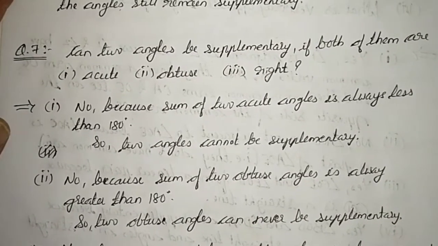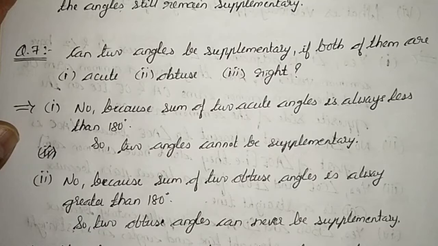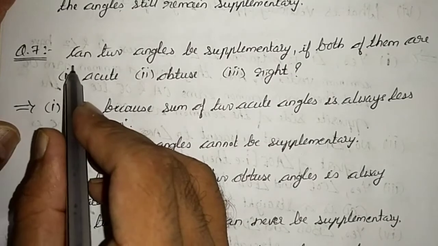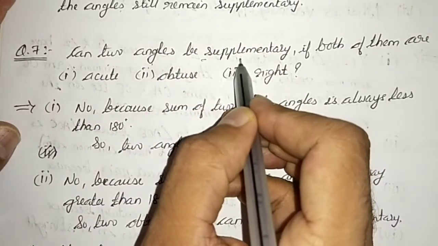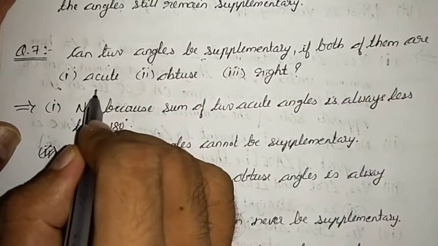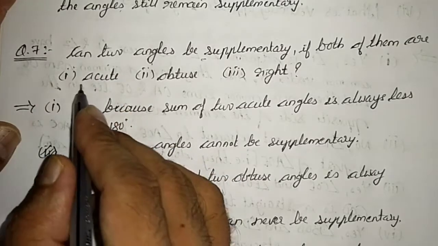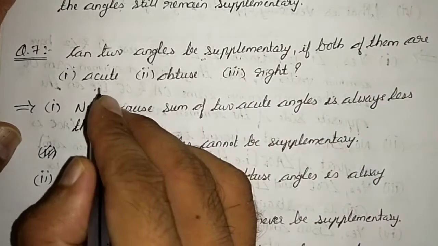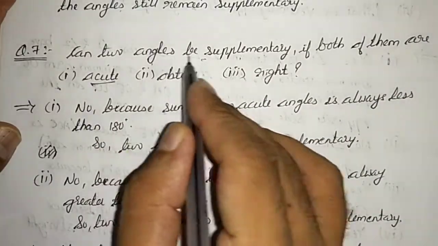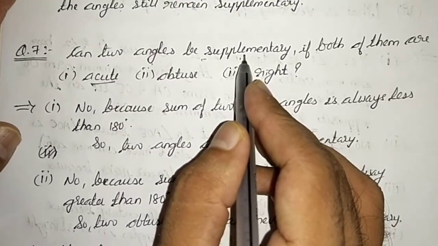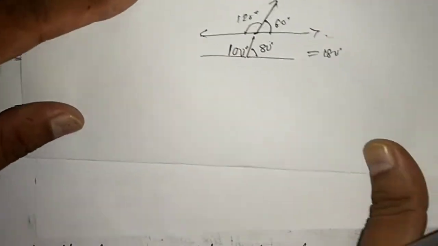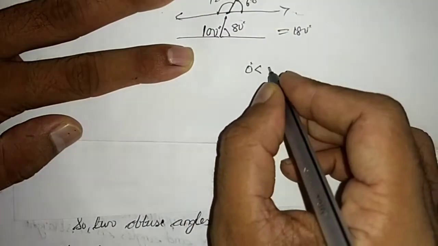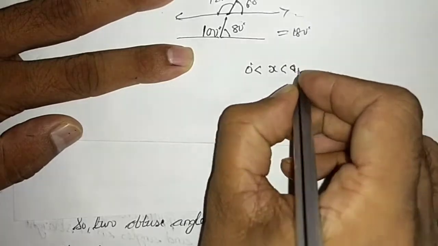Now let us move to question number 7. Here also, as I have told, I have already written because it is a theory type question. Can two angles be supplementary if both of them are acute? They are asking us with three different conditions. If both the angles are acute, will the angles be supplementary? Let us see. Acute angle means an angle more than 0 and less than 90.